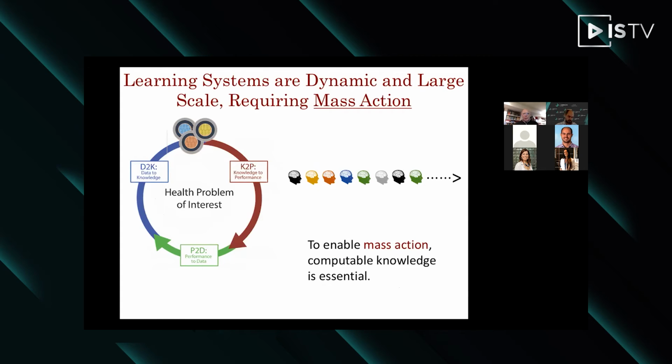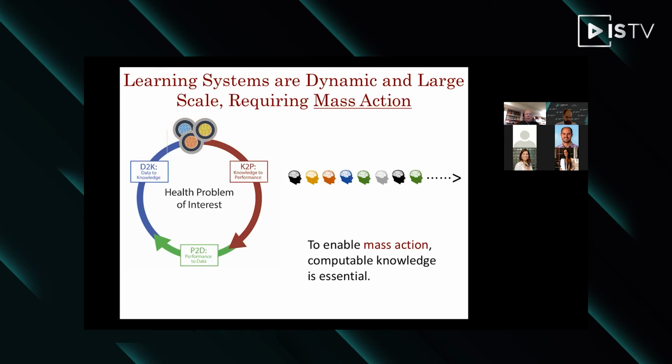Now, learning health systems are dynamic and potentially large scale and require mass action. And I'm going to submit to you that to enable mass action, computable knowledge is essential. And we can think about mass action in a couple of ways.